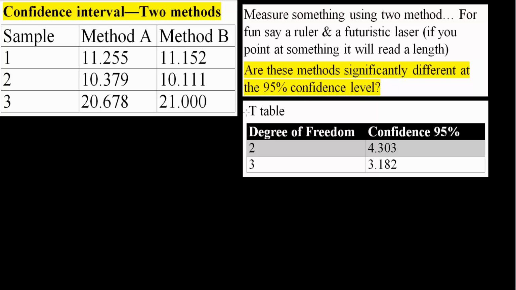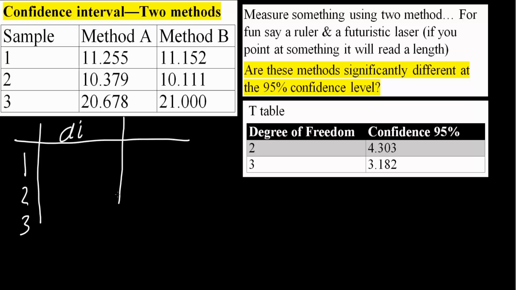So whenever we have problems where we're using 2 different methods, we have to do something special in order to solve this problem. And so first we will construct a table. This right here will be sample 1, 2, and 3. And now we calculate the difference, DI. So essentially we're doing 11.255 minus 11.152, and we would get the difference of 0.103.